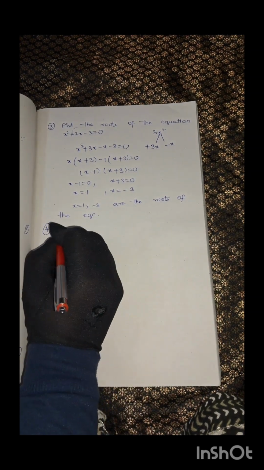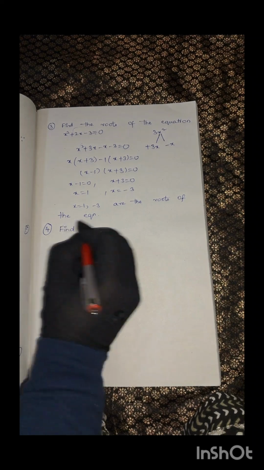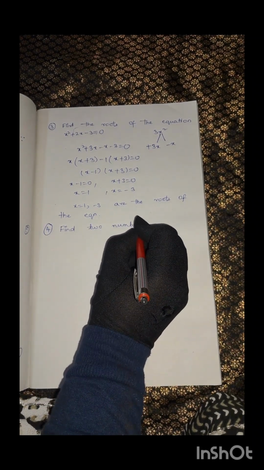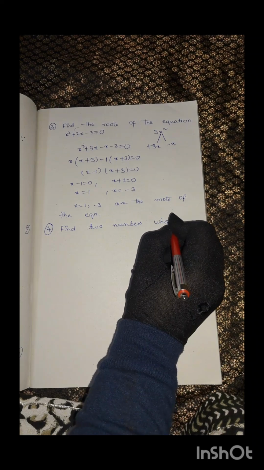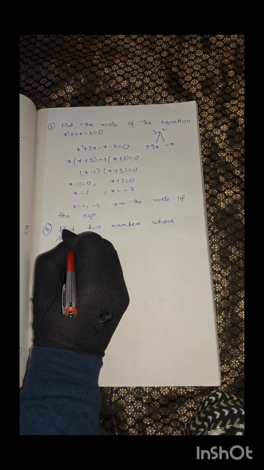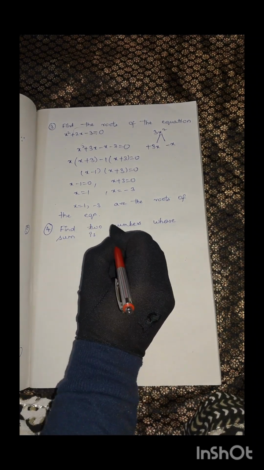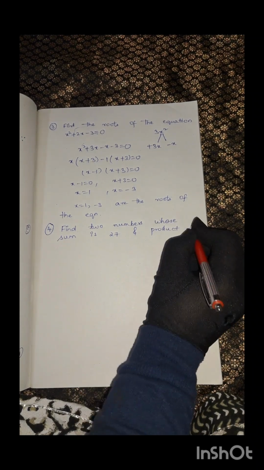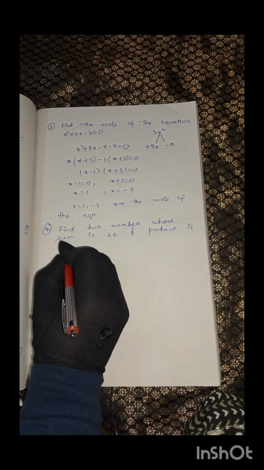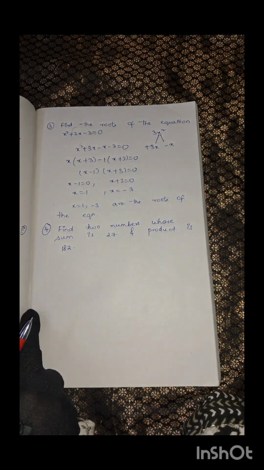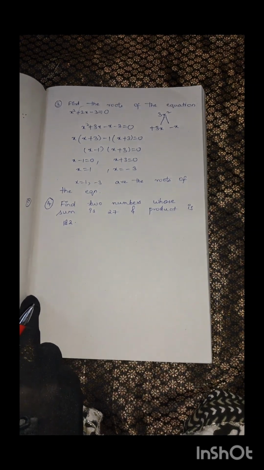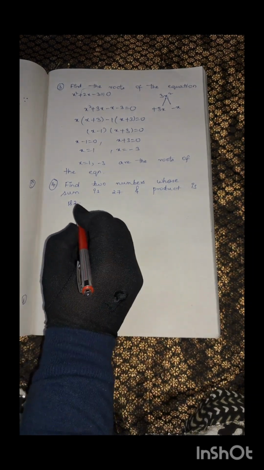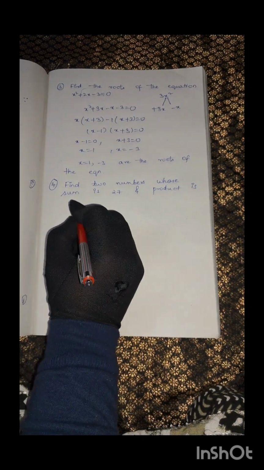Find two numbers whose sum is 27 and product is 182. Okay. So here we have to find two numbers whose sum is 27 and product is 182.